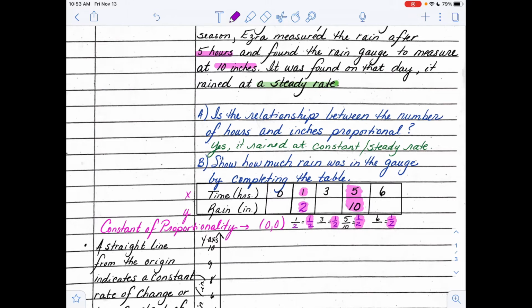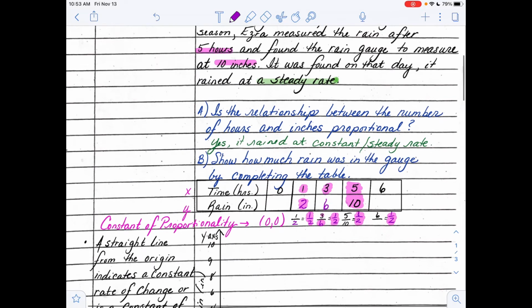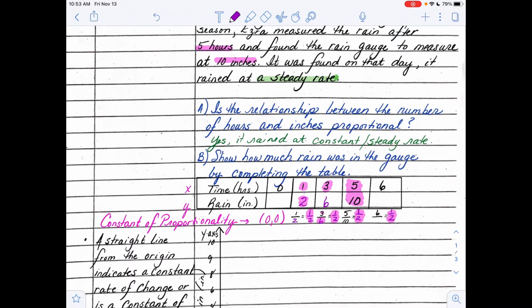Well, again, here I need 3 hours. I've got my 3. What do I need to be in my denominator in order to reduce and get 1/2? Exactly, 6. And that last one, I've got the 6 hours. What do I need in the bottom right here so when I reduce it, it will give me 1/2?